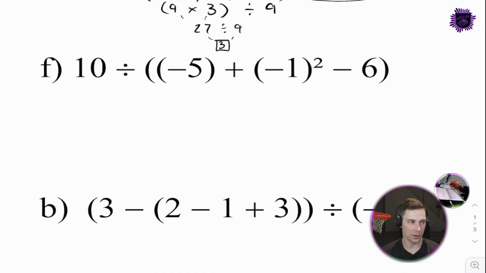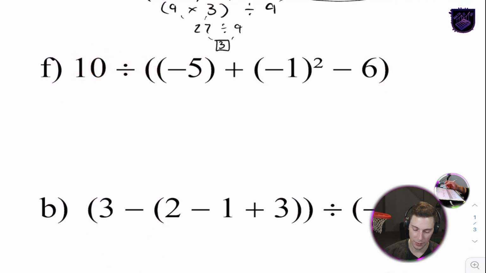The question is -10 divided by -5 plus 1 to the 1 squared, -1 squared minus 6. So I'll do 2 steps at once here. So the first one is 10 divided by, oh, never mind. Nope, I have to reassess here. There's parentheses here. I got to do that first and then do this after.